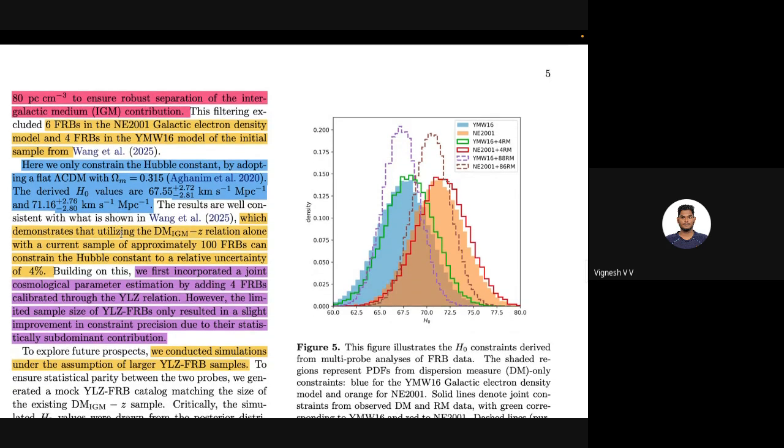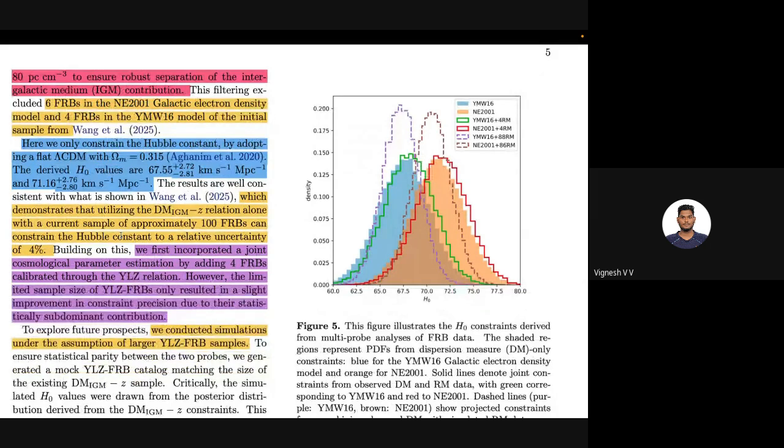In addition to that, when they incorporate this rotation measure method with the conventional method, when they take only the observed data, they found there is no big significance because the observed number of samples is too small to produce any statistical effect.